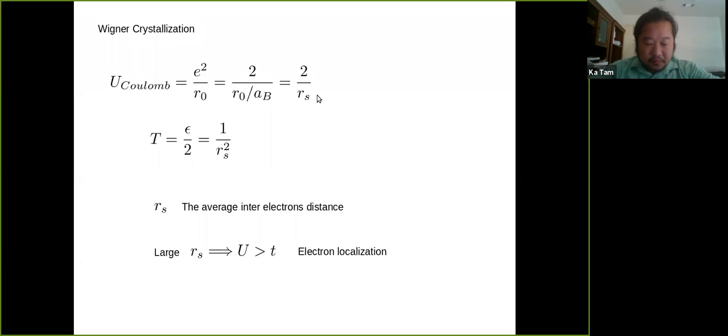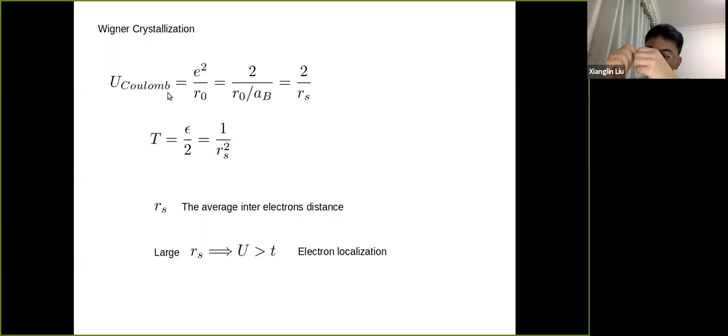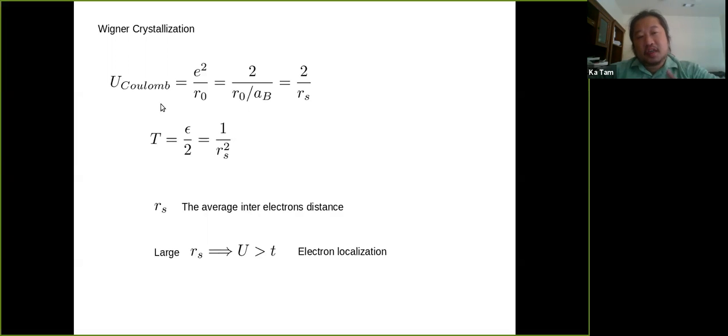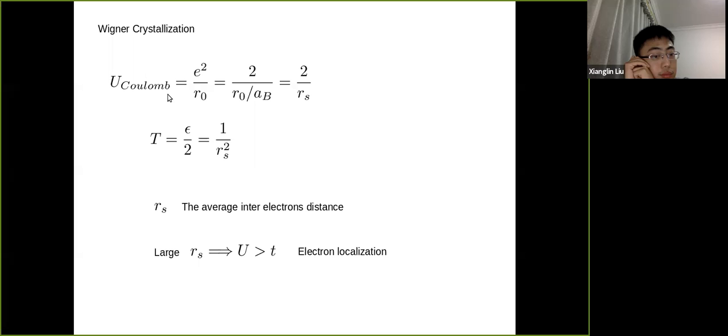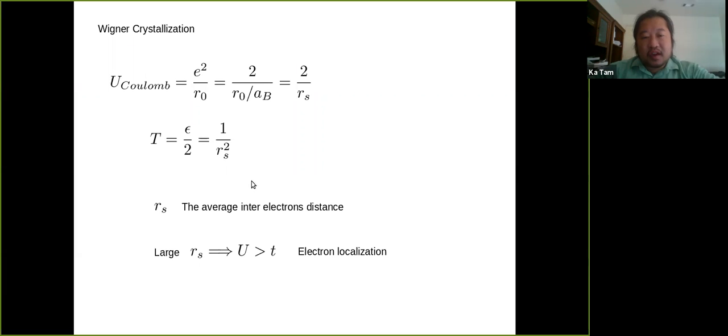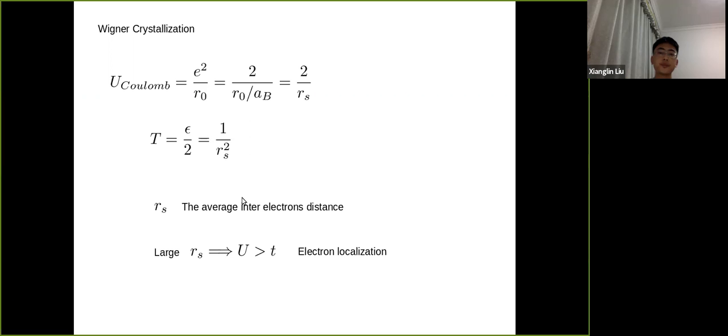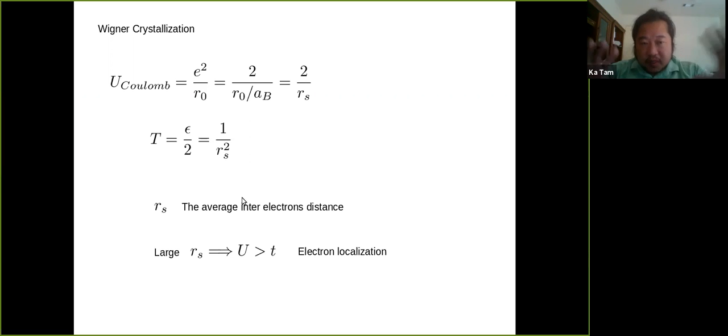Then you can do the same thing for the kinetic energy. You just consider the free fermion energy, and you can solve this for 3D; that scales as 1/rs squared. If you compare the contributions of the kinetic energy and the potential energy due to Coulomb interaction, you can see that when rs changes, the competition between the potential energy and the kinetic energy also changes.